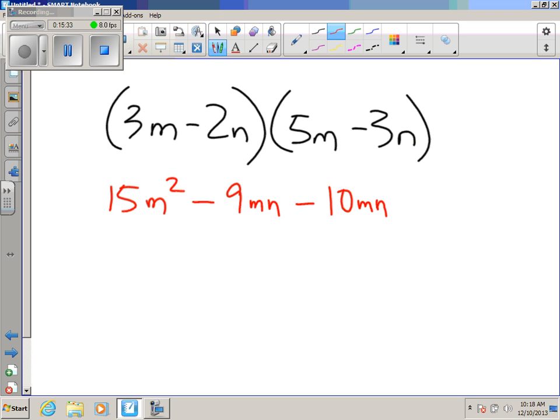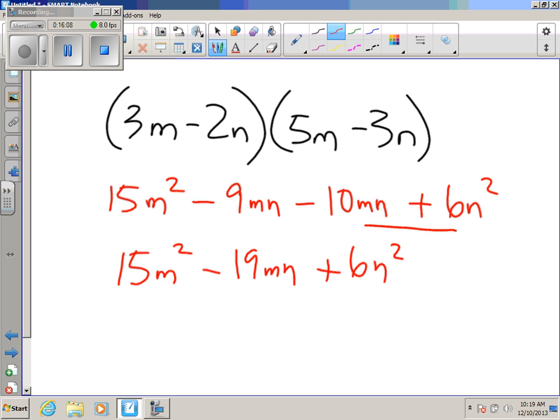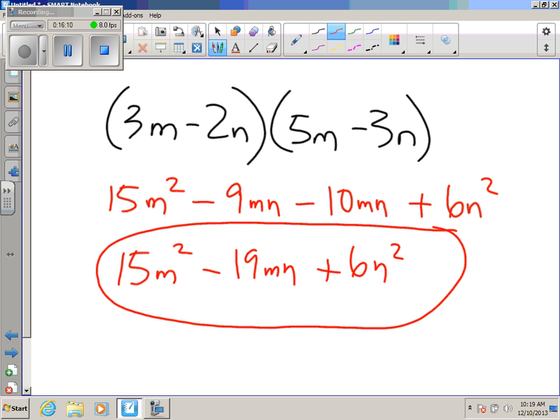And last, negative 2n times positive 3n. Question, Marlia. So you just said what? Okay, so 15m squared stays the way it is. Negative 9 and negative 10 give us a negative 19mn plus the 6n squared. And there we have it.